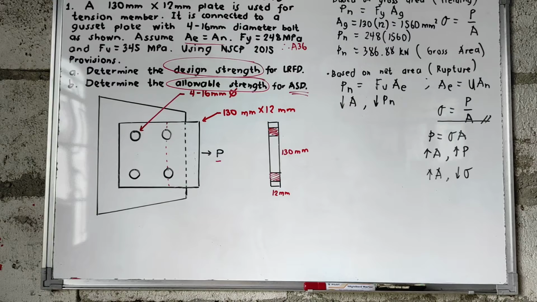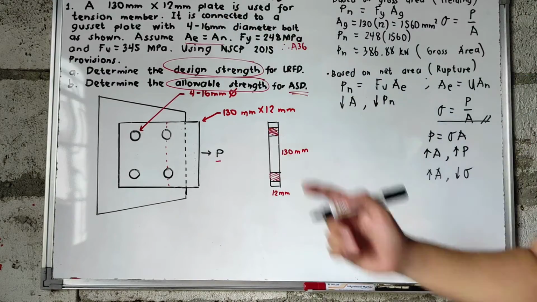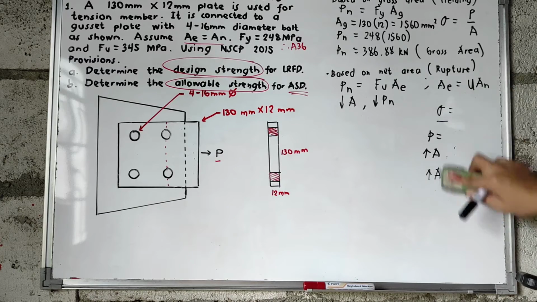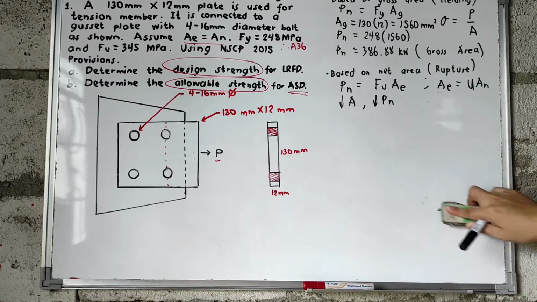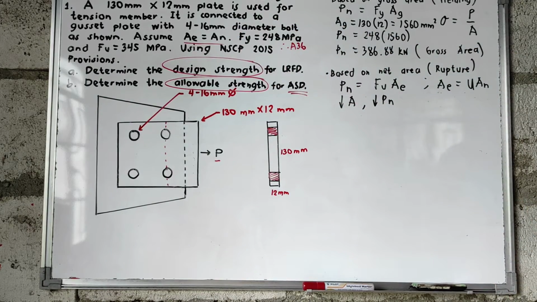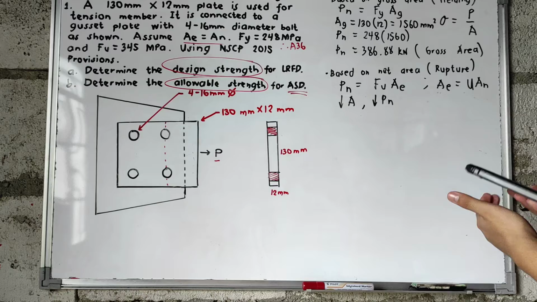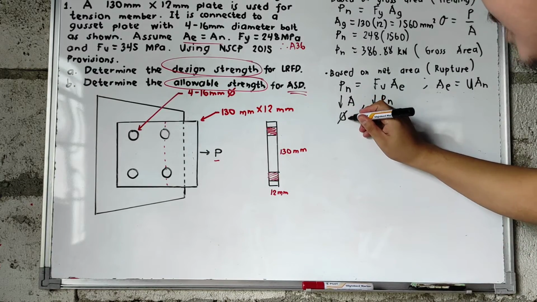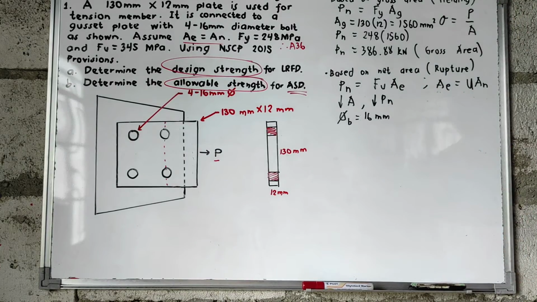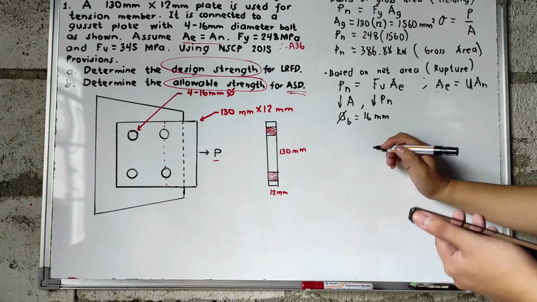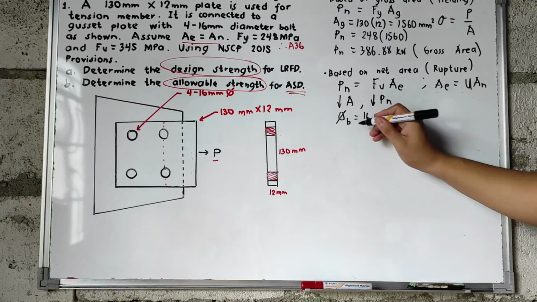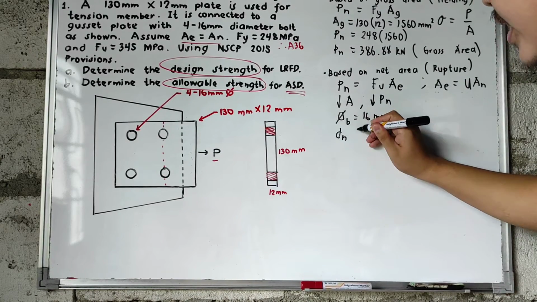So for this one, meron tayong given na bolt diameter. So yung bolt diameter natin, that is equal to 16 mm. And meron tayong tinatawag dito na nominal hole dimension. So for this one, that is denoted by D sub n.